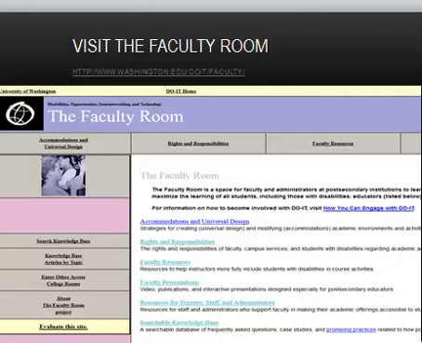This slide gives a screenshot of the University of Washington's webpage entitled The Faculty Room, which is a space for faculty and administrators at post-secondary institutions to learn about the ways to maximize the learning of all students, including those with disabilities, in their classrooms.